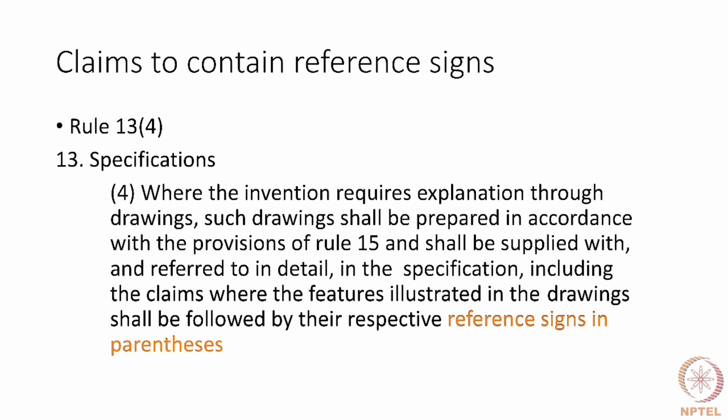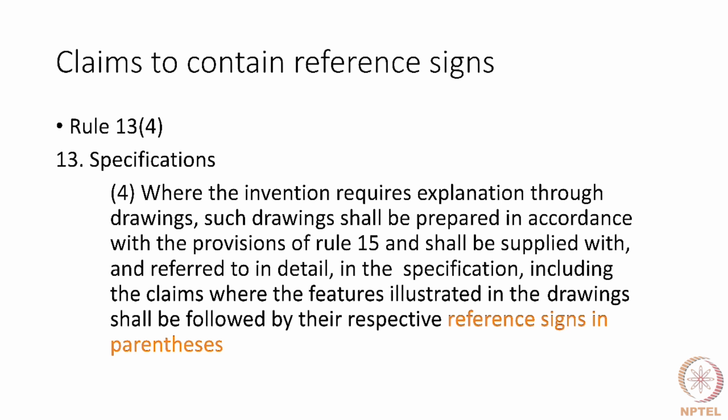Now, this is important because wherever you mention an element of your claim which you have marked in your drawing with a number, the illustrated features in the drawing shall be followed by their respective reference number.